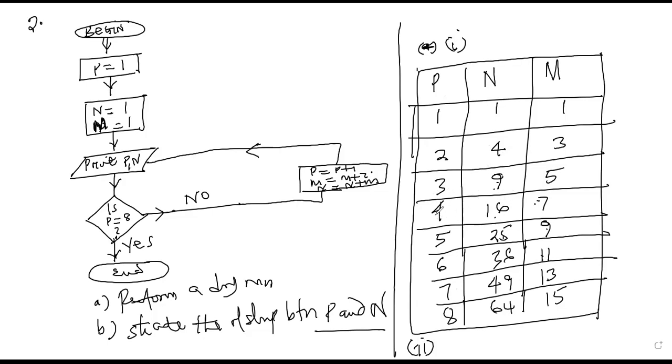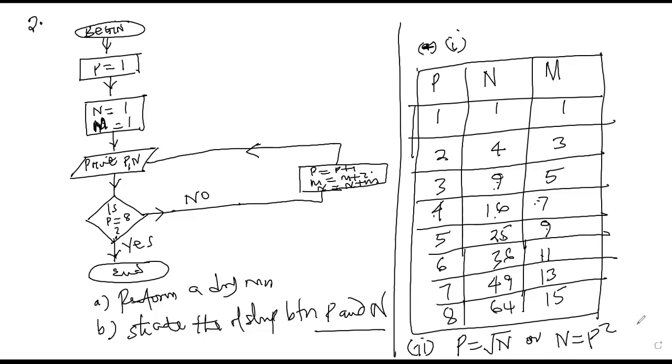Meaning that P squared is equal to N. Or P is equal to the square root of N. Or N is equal to P squared. As simple as that. That is the relationship.